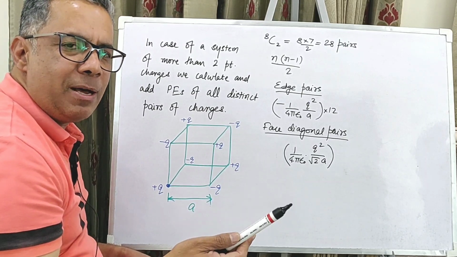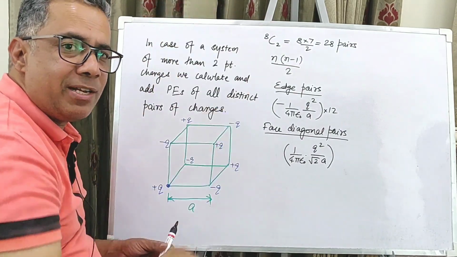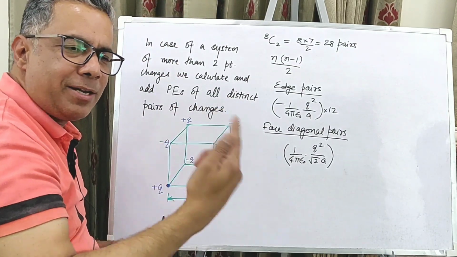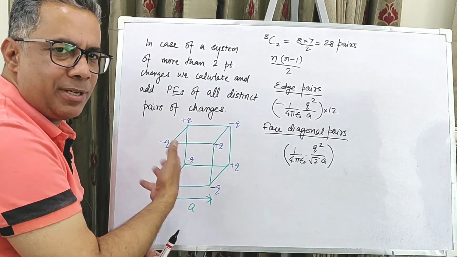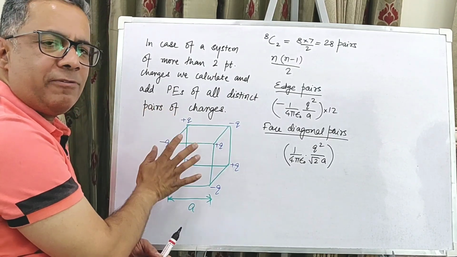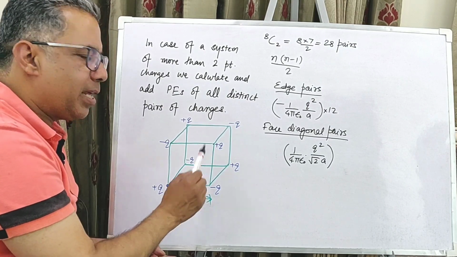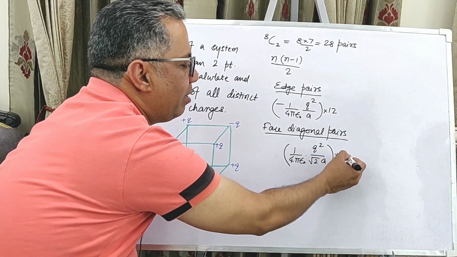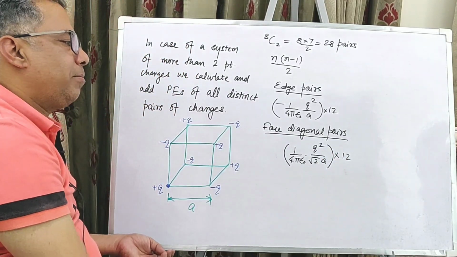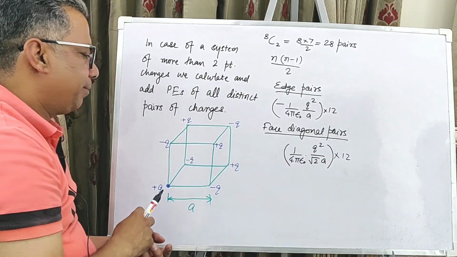Again, count the number of walls and also add one floor and one ceiling, and you get the total number of faces in your room, which will count up to 6. Each face has 2 diagonal pairs, and therefore you have 12 diagonal pairs. Multiply this by 12 and you get potential energy of all the diagonal pairs.